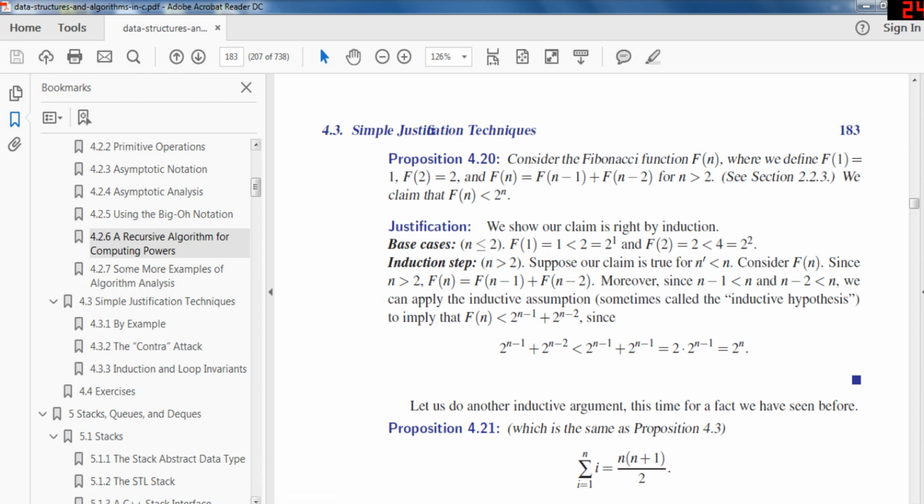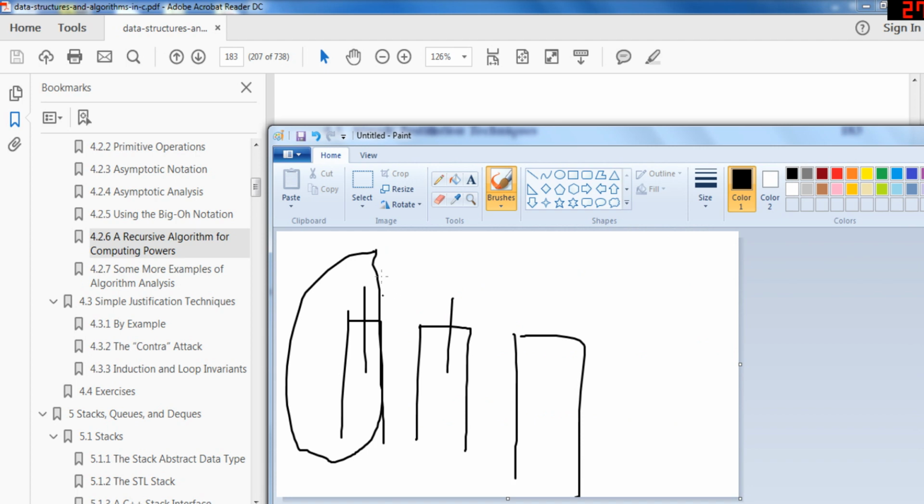Like the domino effect. Now we have to prove that once I hit the next domino, it's going to be true as well. Okay? I have to prove that for every domino right next to me that it's also true. So that's why they're saying we're assuming it works for all dominoes.